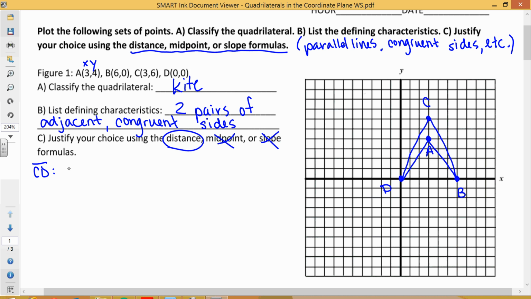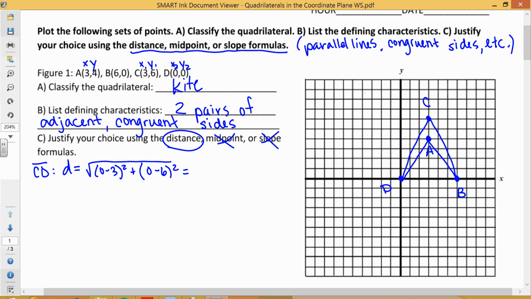So I'm going to find the distance of side CD. So I know that the formula for that is d equals the square root of x2 minus x1 squared plus y2 minus y1 squared. So remember, I'm doing C and D, which are these points right here. So if this is like my x1, y1, and this is like my x2, y2, then I'm doing x2 minus x1, so 0 minus 3 squared plus, and then y2 minus y1 is 0 minus 6 squared.